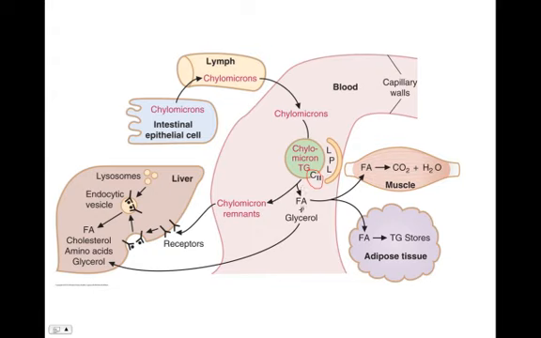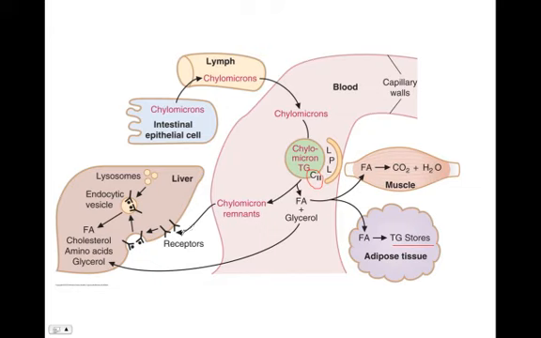This allows for the free fatty acids to be taken up by skeletal muscle and used in a process of beta oxidation to generate energy, or the free fatty acids can be taken up by the adipose and repackaged as triglycerides as a fuel store. The chylomicron, once it's delivered its triglyceride, is referred to as a chylomicron remnant.